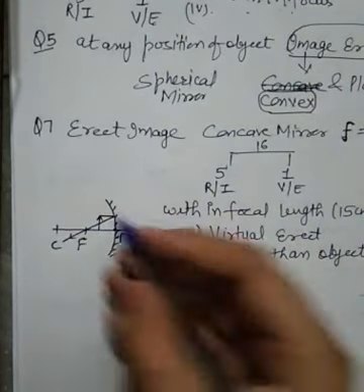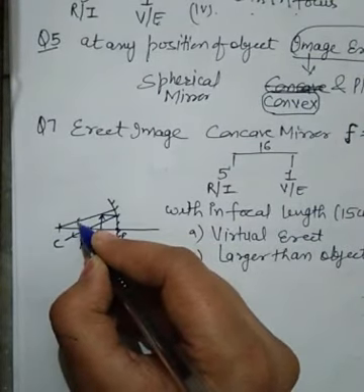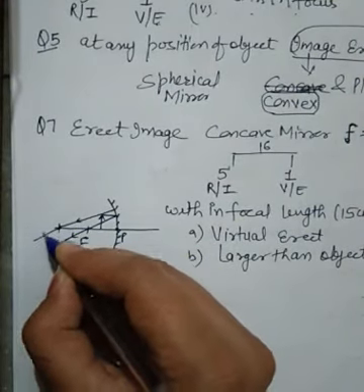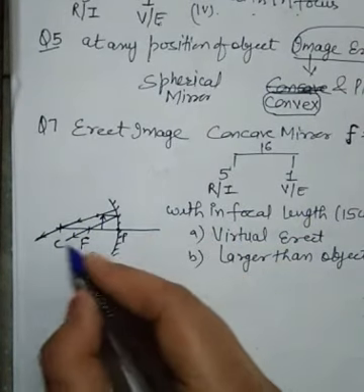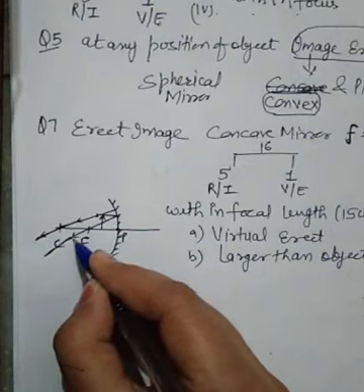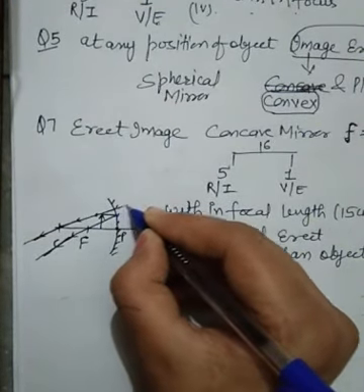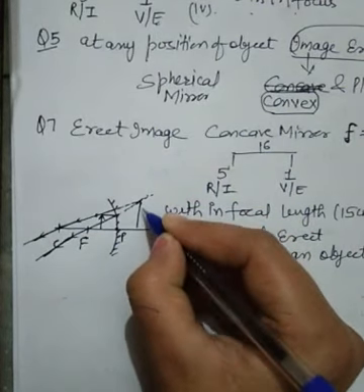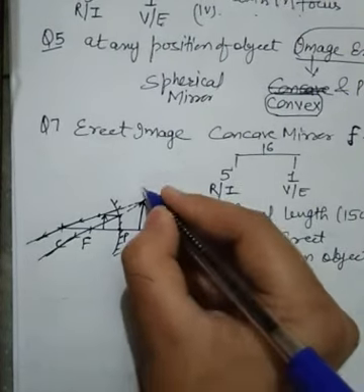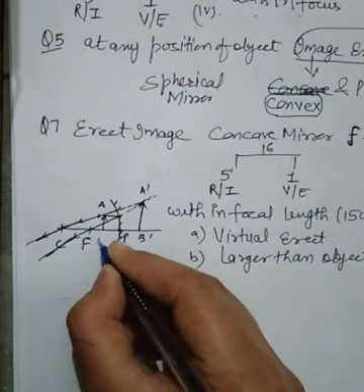Now the second ray, passing through the center of curvature, will retrace its path, but these two rays are expanding in the forward direction, so after producing them in the backward direction, we will get the location of the image A dash, B dash, of A, B.